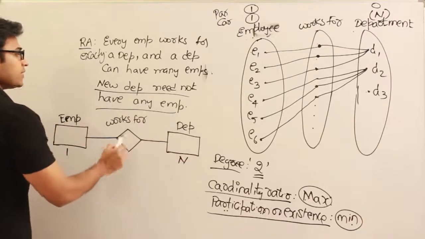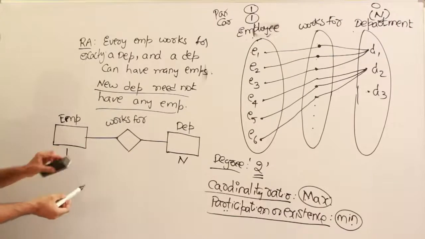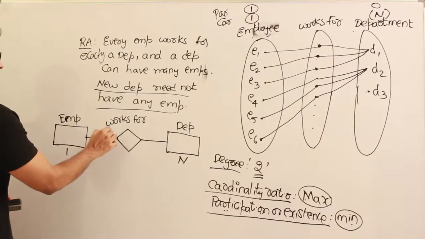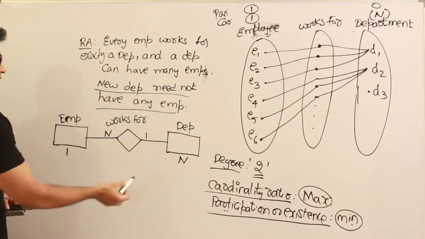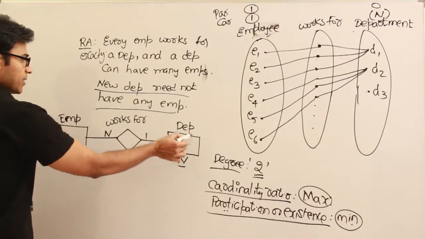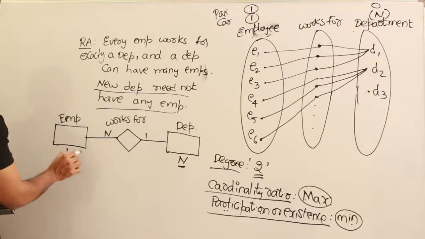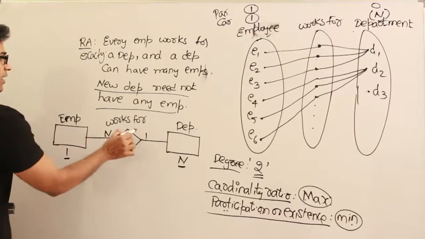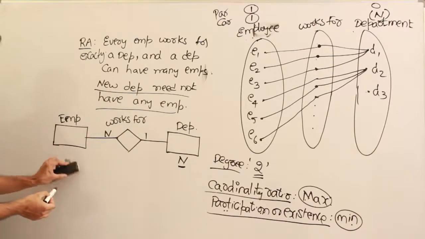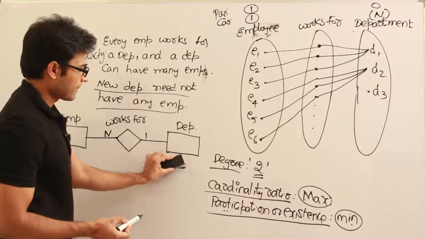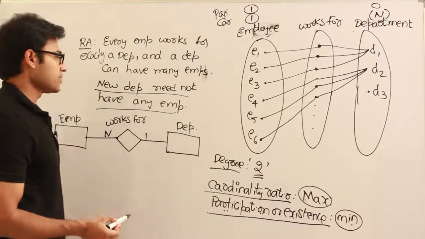But when we are writing this, we write n here and 1 here, even though the department cardinality is n and the employee cardinality is 1. We are not going to write anything here. Got it? So this is how it is represented.